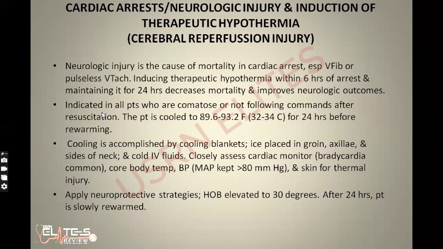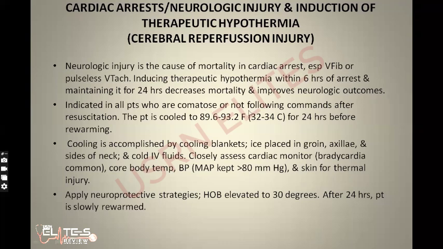GCS is low now. Let's say the patient had an initial GCS of 8. Now, after arrest, the patient's GCS is about 4 or 5. It means GCS is low. Most of the times around 5, thereabouts, or even less, the patient's eyes will be closed or almost comatose.